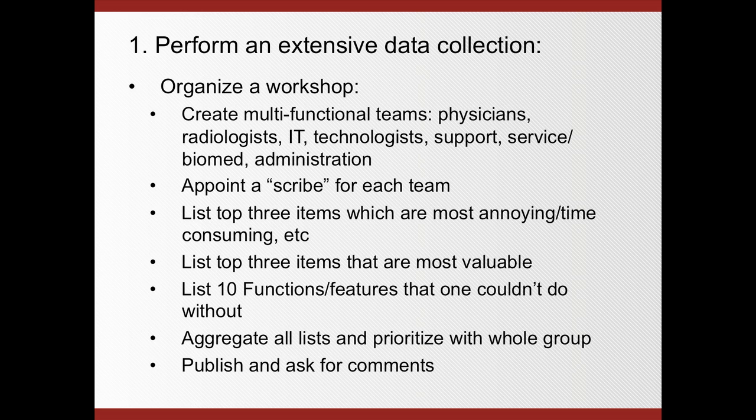So you want to find out what are the most annoying, time consuming, the most critical issues. For example, another thing is, maybe from a support perspective, changing a patient name is a big thing, or merging 2 studies might be a major hassle or a major problem. So you want to make sure that you get all these problem areas or issues squared away and list them.